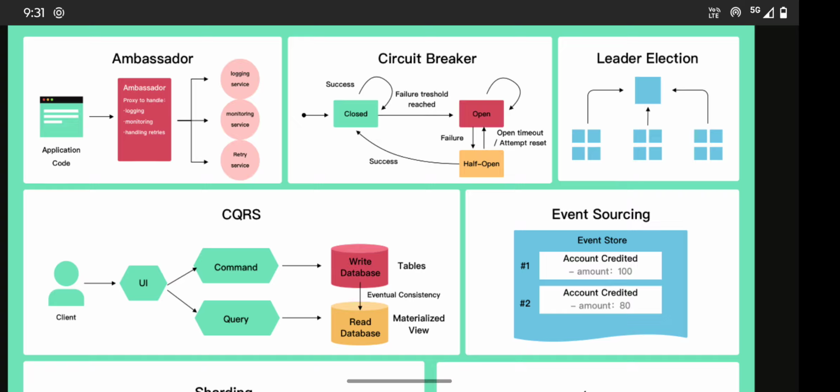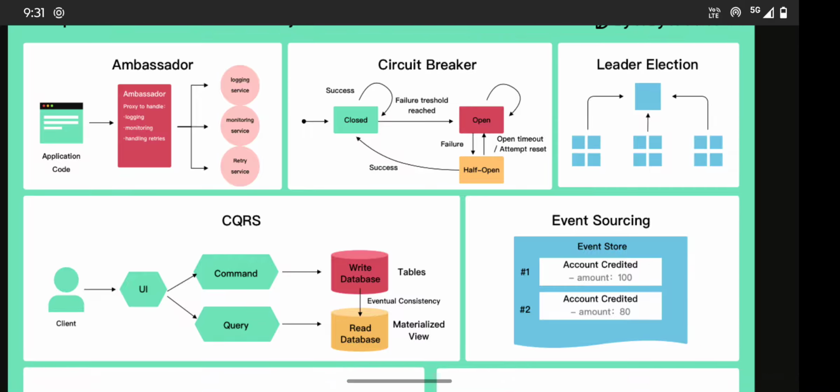Whenever the user wants to access any data, your request may go to the nearest servers as per the load balancing mechanism and content delivery network. You need to cache the content data using content delivery networks. So clustering these servers in different regions and connecting them with one another is a very important thing.